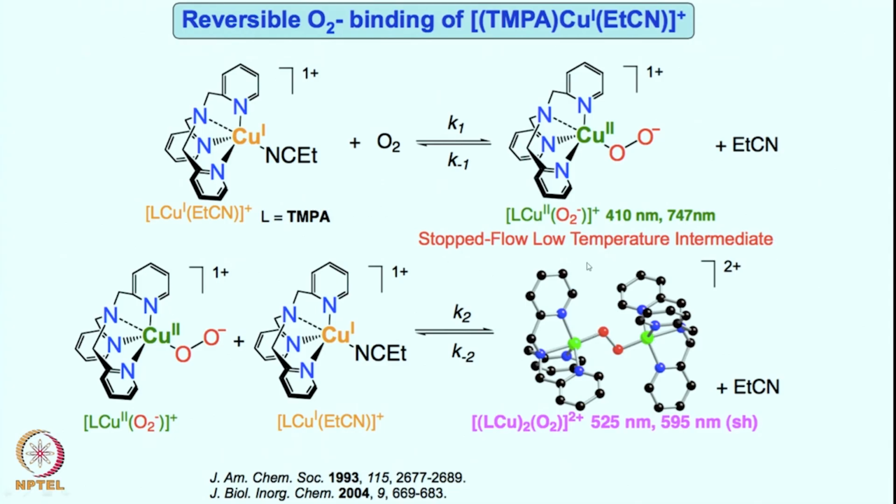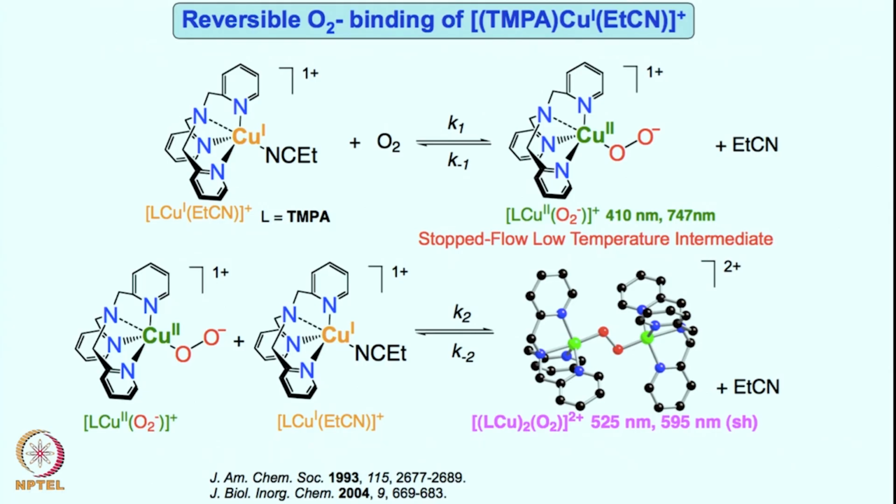You can follow these reactions by UV-visible spectra, and you can even follow this intermediate disappearing towards formation of this. So, there is no doubt this is the intermediate for this type of species formation. We have seen those spectra, and these studies need to be done once again at very low temperature, and if you want to see something like this intermediate, you have to really utilize the best, the fastest possible spectroscopic technique.